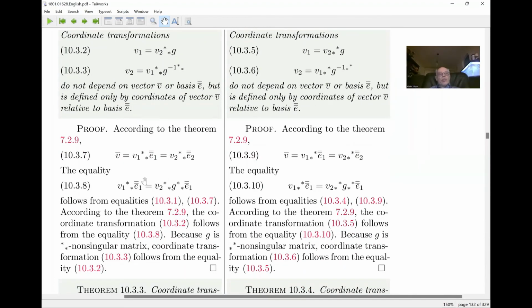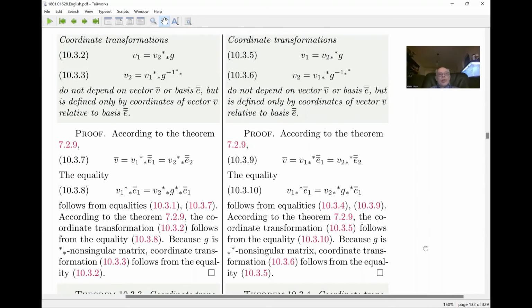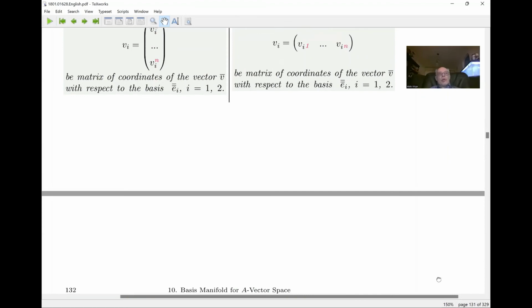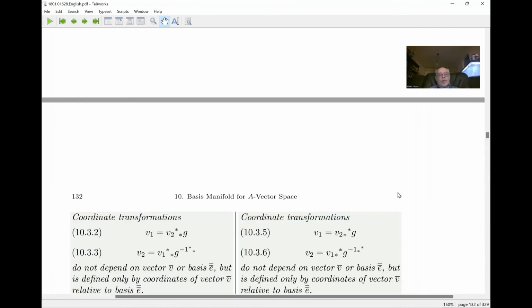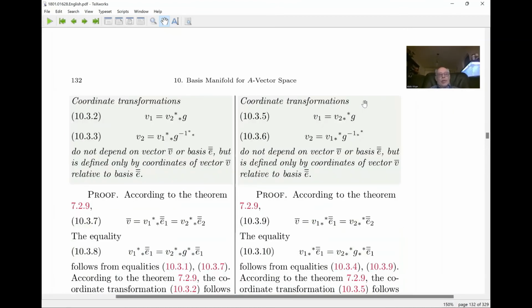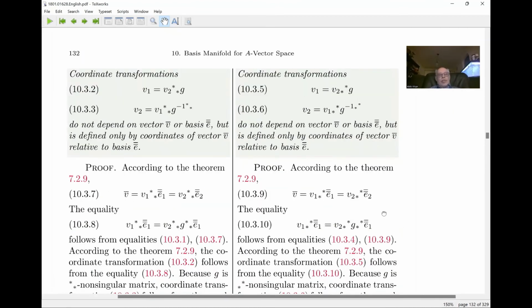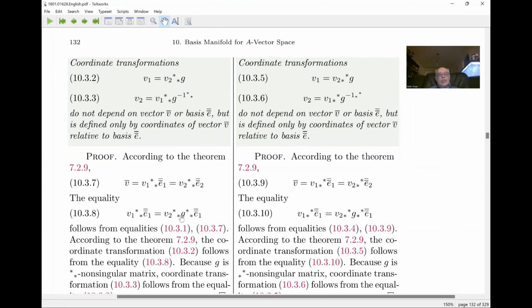According to theorem that we considered above, coordinate of vector v has representation 3.7 with respect to basis E1 and basis E2. Since basis related by transformation 3.1, we get equality 3.8.